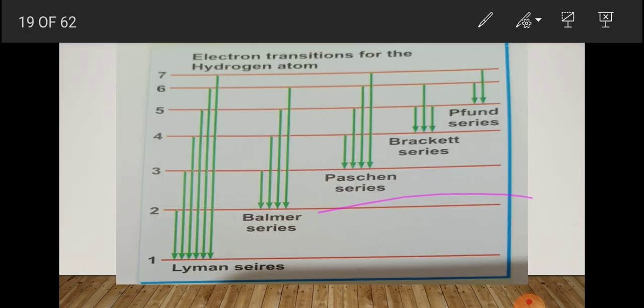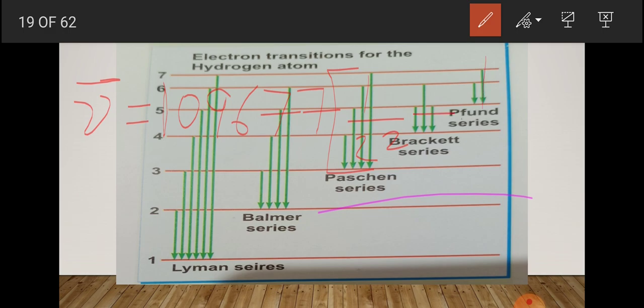Nu bar, the wave number denoted by this symbol, is equal to 109677 in bracket 1 by 2 square minus 1 by n square, centimeter inverse, where n is equal to 3, 4, 5 and so on. And this is the Rydberg formula.